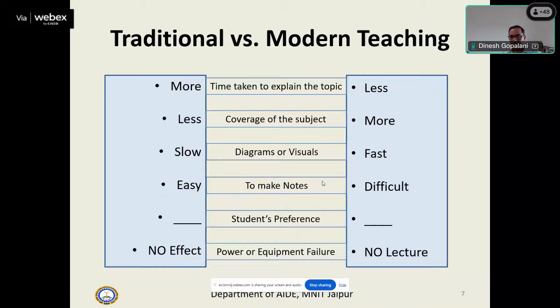So in traditional, there will be no effect of any kind of failures. You need only chalk and duster and the board, that's all. It should have sufficient sunlight actually. It should come out there. Whereas with any of these equipment, if you are teaching, then if something goes wrong, students can enjoy. There will be no lecture.